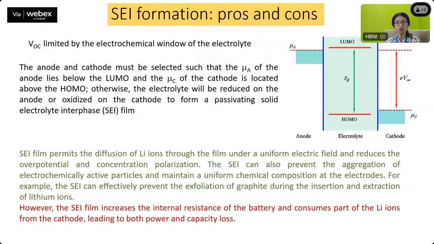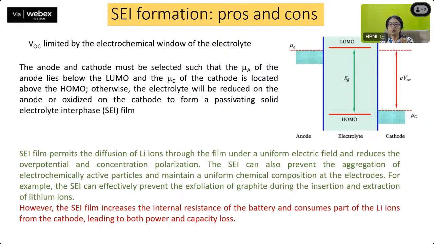When you select the anode and cathode, the chemical potential of the anode must lie below the lowest unoccupied molecular orbital of the electrolyte, whereas the chemical potential of the cathode should be located above the highest occupied molecular orbital of the electrolyte. Okay, so this is where you are limited. So the VOC, or open circuit voltage, is limited by the electrochemical stability window of your electrolyte.